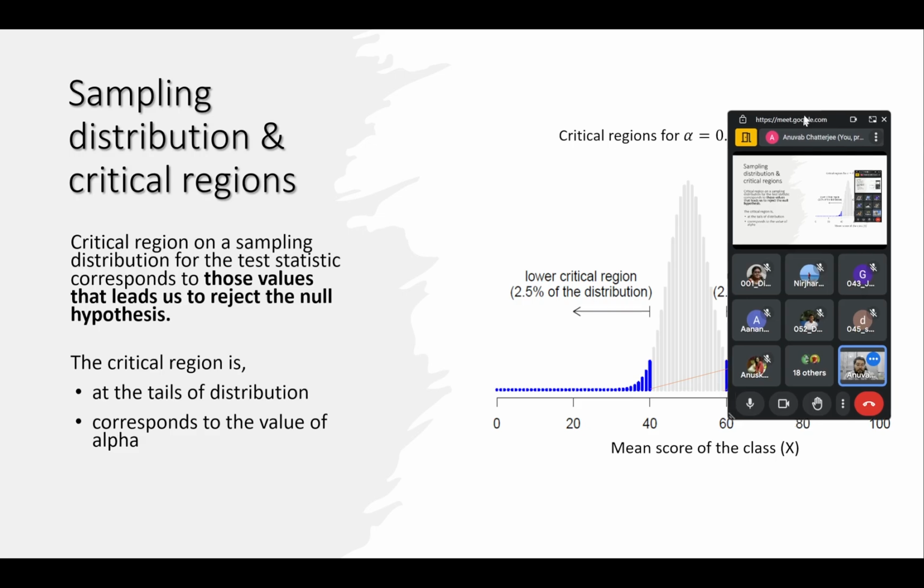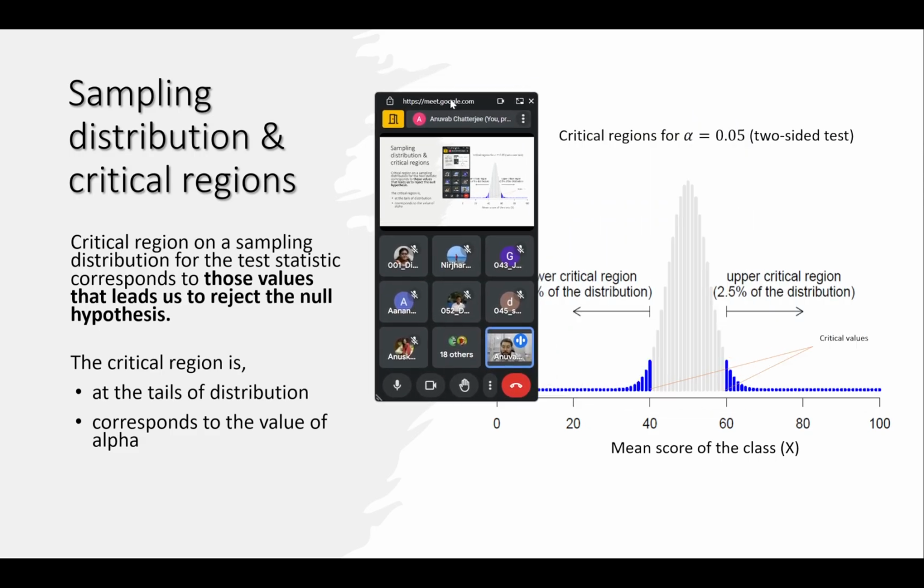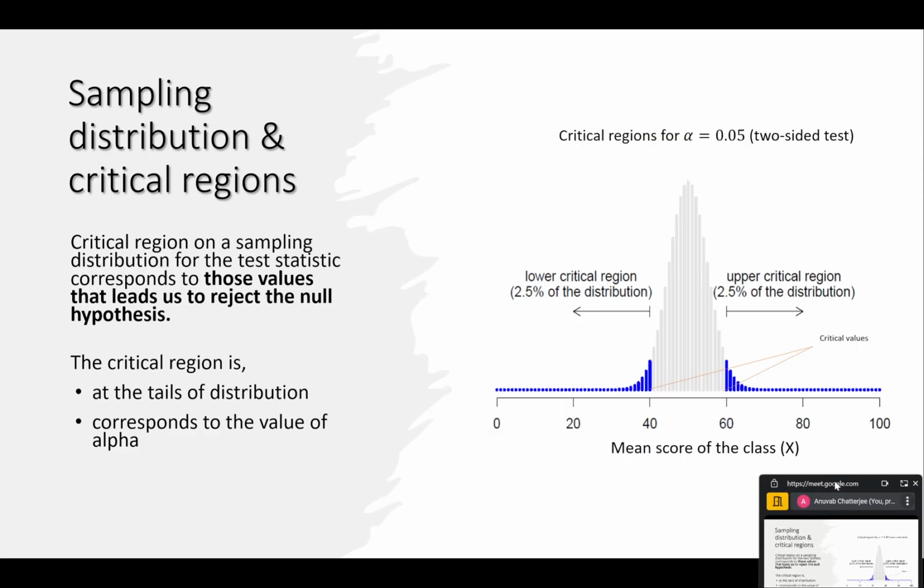Say the same example, if I take the mean score of the class, obviously most of it lies in the middle. Some of them lie in the higher region, some of them lie in the lower region. So this is a sampling distribution.